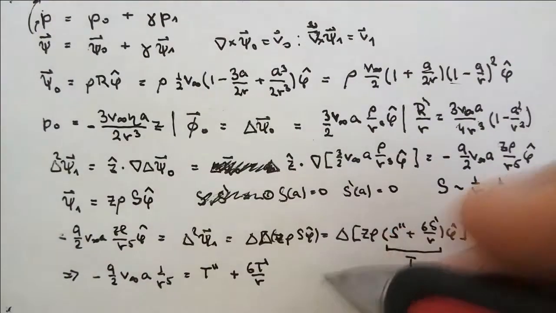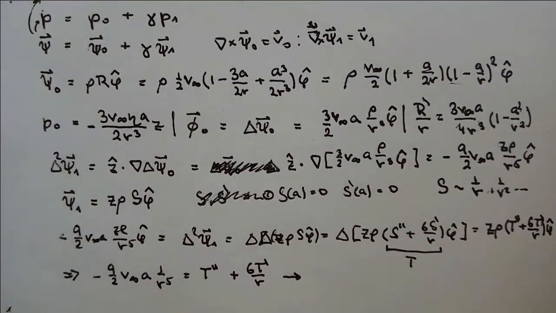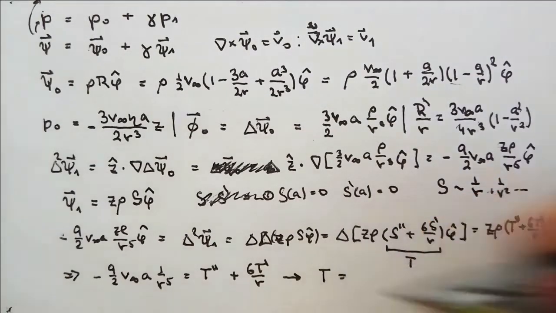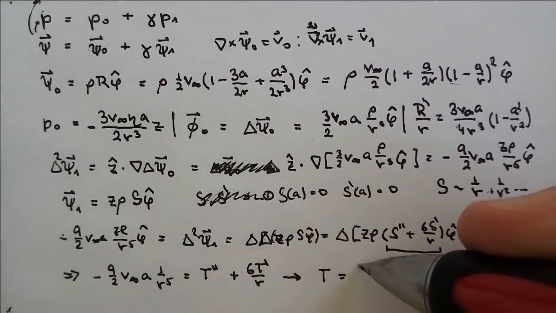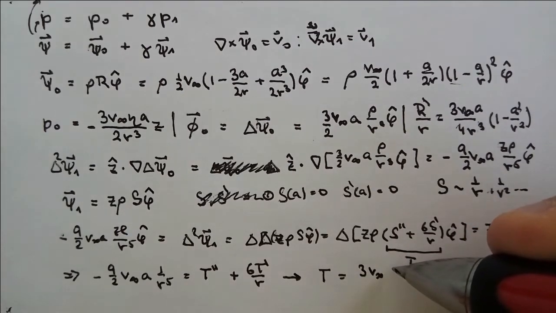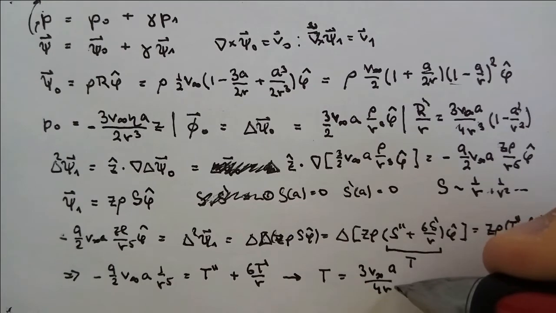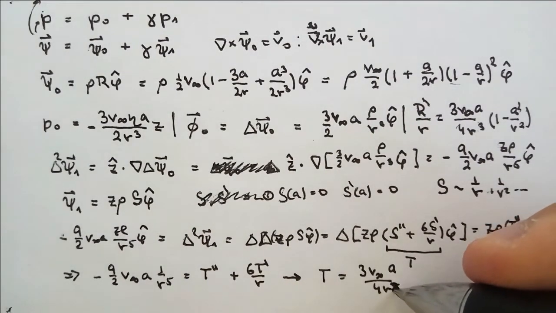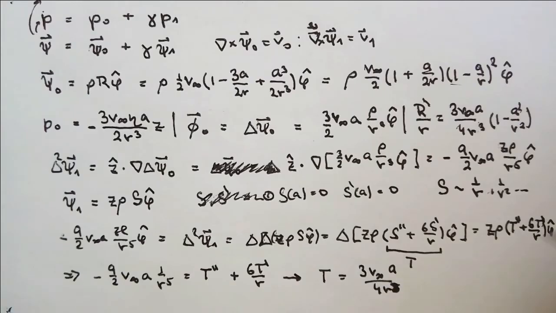This differential equation is very easy to solve, and I left it for the reader, and now I will write the solution. The solution is 3 v infinity. You can guess the solution already, it is very easy to do. It's going to be some power of r, and this power could be minus 3, so it's 1 over r cubed, plus some constant h, plus some constant g over r to the 5th power.